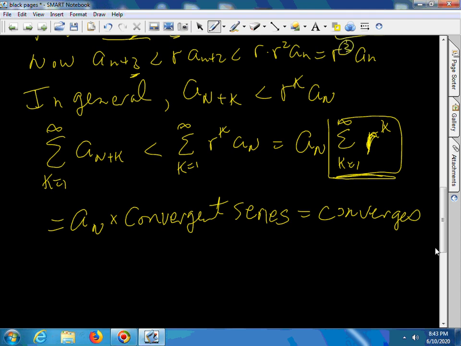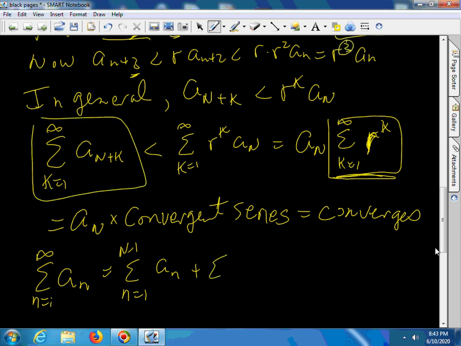Okay, and remember what happened. So you don't have to write this for the proof. The summation from 1 to infinity is the same as the summation as n goes from 1 up to N minus 1 plus the summation of this.